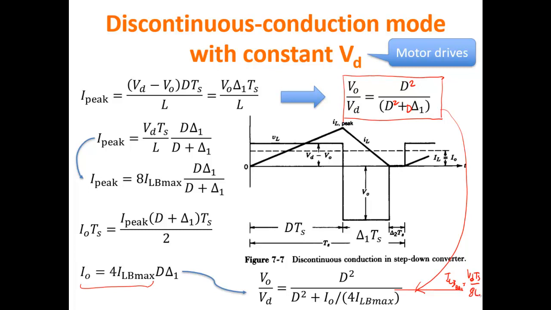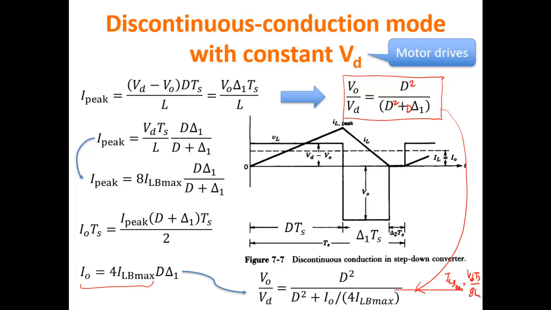If we are doing this evaluation at constant VD, this quantity is a constant, and therefore this expression gives me how I need to change the duty cycle as a function of IO in order to obtain the output voltage that I want.